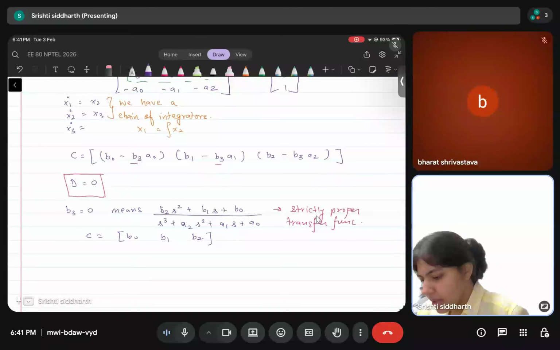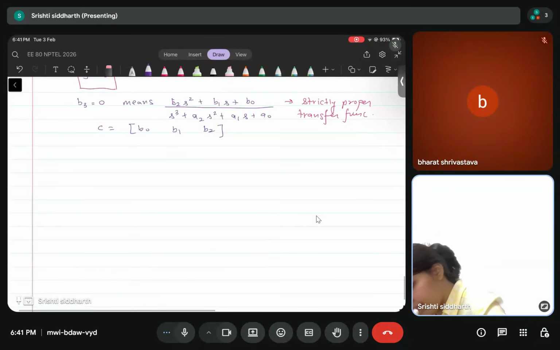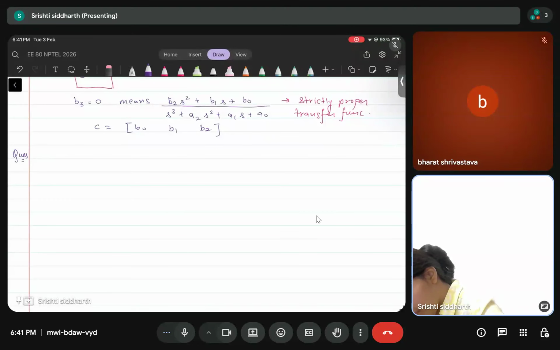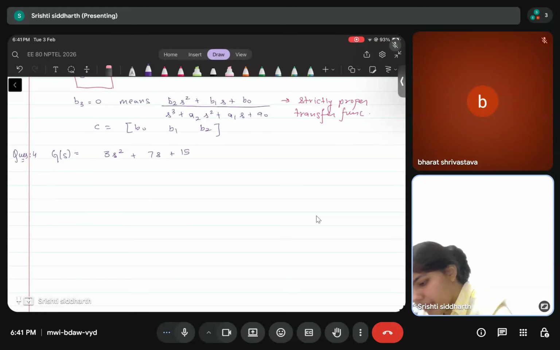Alright, so let's look at a question. G of s is 3s squared plus 7s plus 15 over s cubed plus 7s squared plus 14s plus 8.